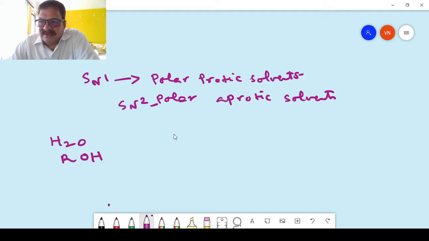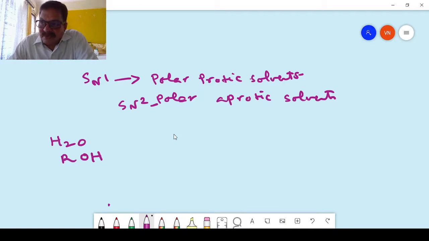These nucleophiles are not hidden by strong interactions with the solvent, so they are more nucleophilic. We have seen that strong nucleophiles favor the Sn2 mechanism. Therefore, polar aprotic solvents are especially good for the Sn2 mechanism.